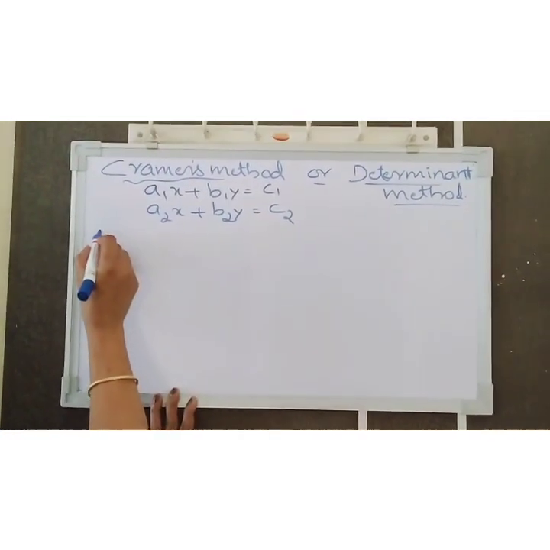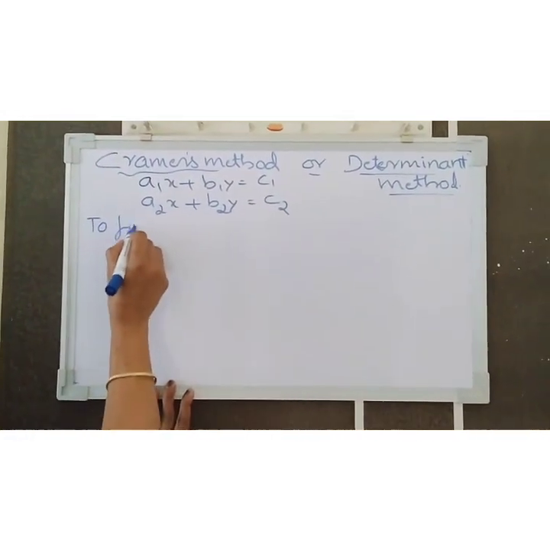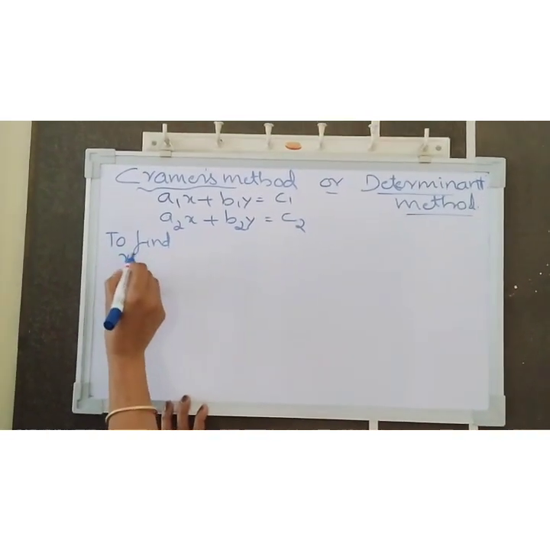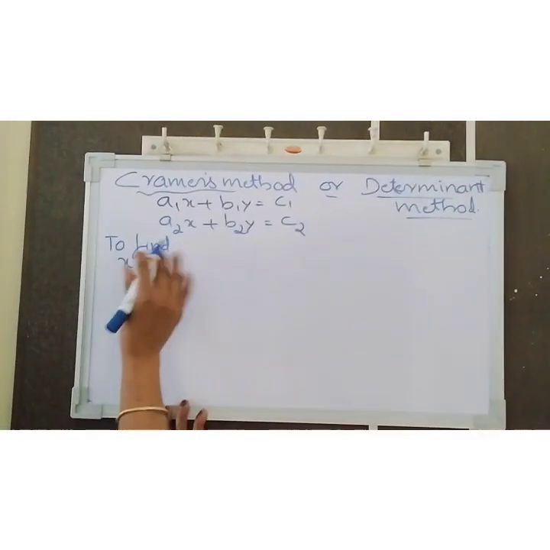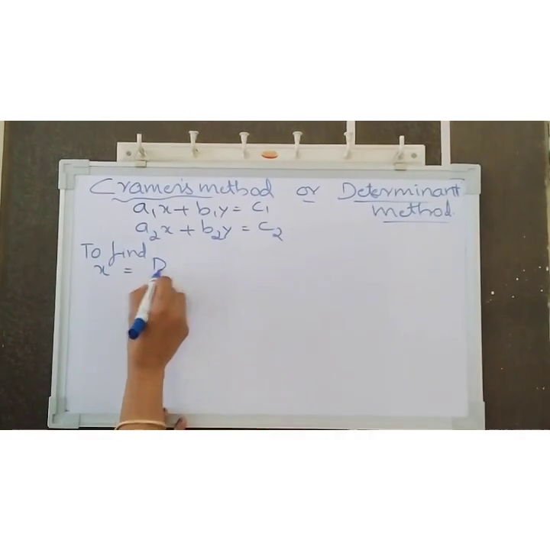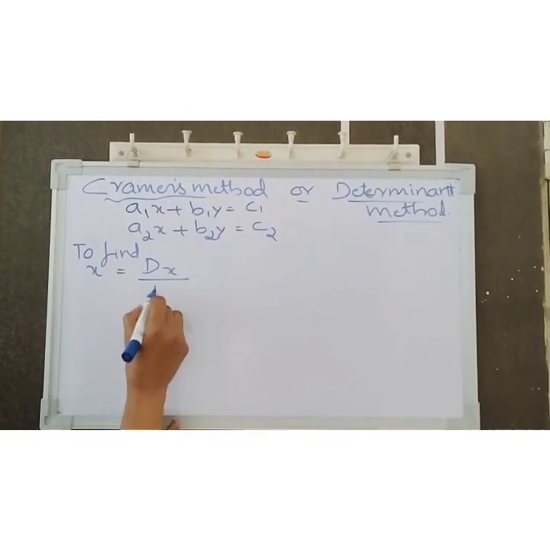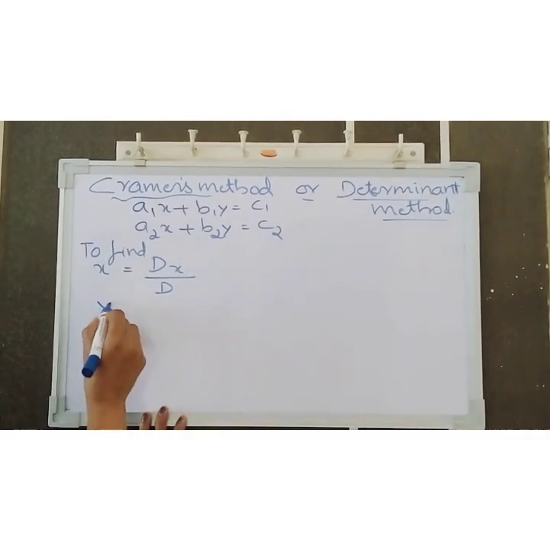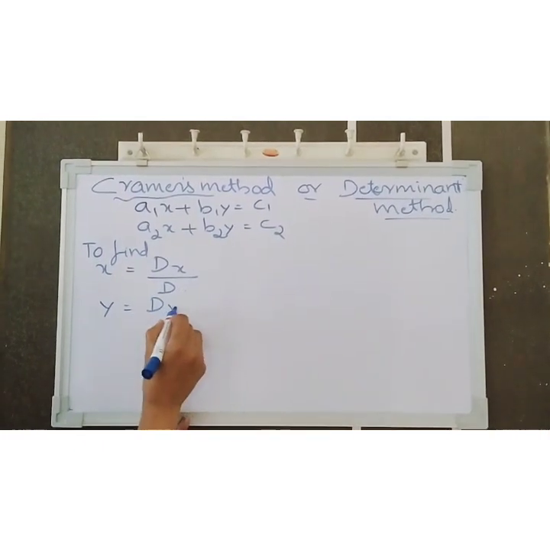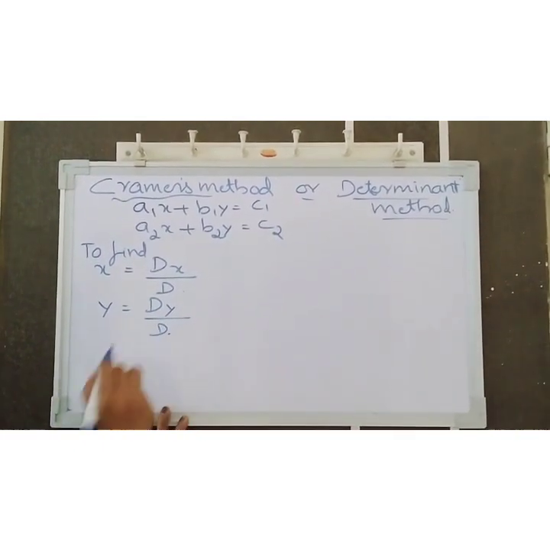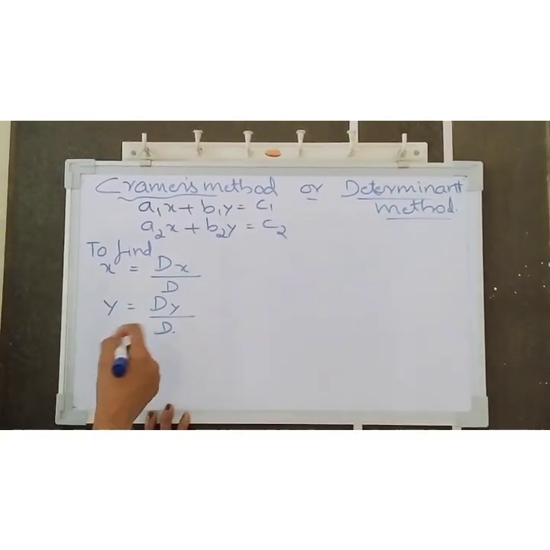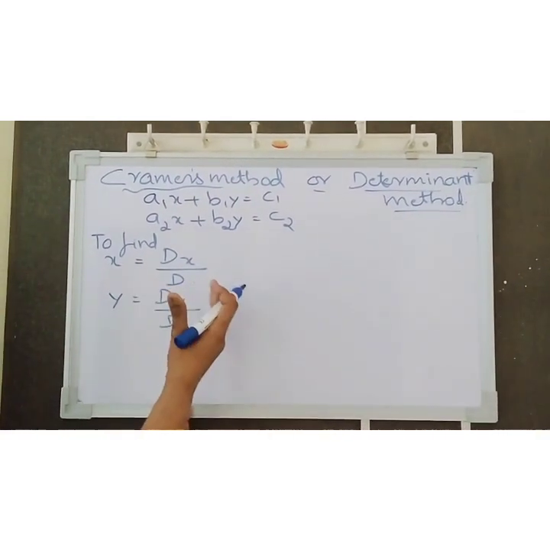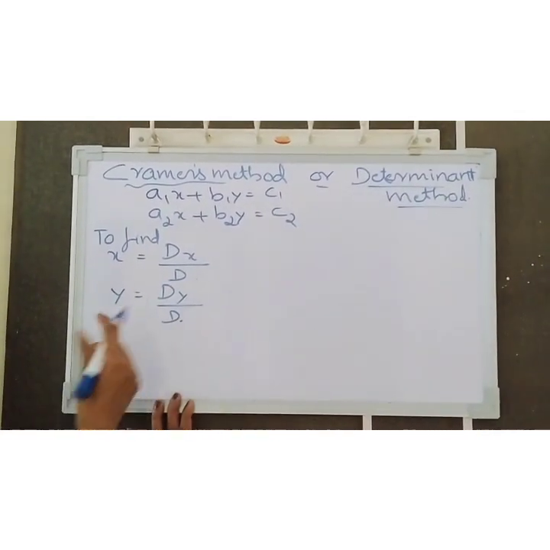To find them, x is equal to dx upon d and y equal to dy upon d. We want to find what is d, what is dx and what is dy.